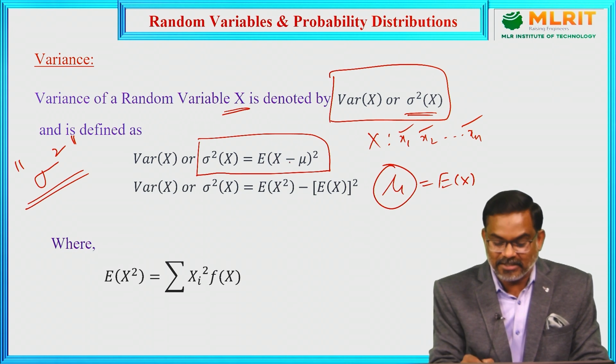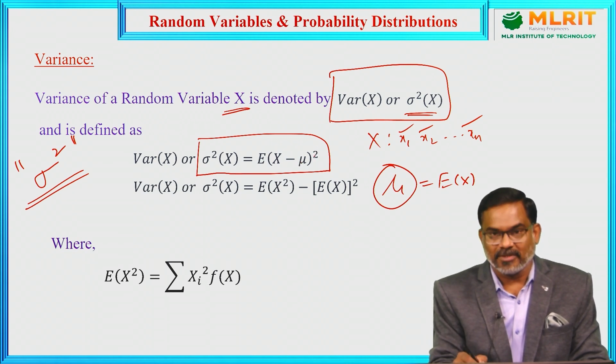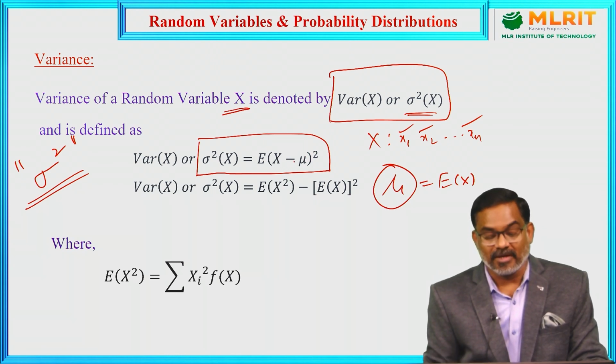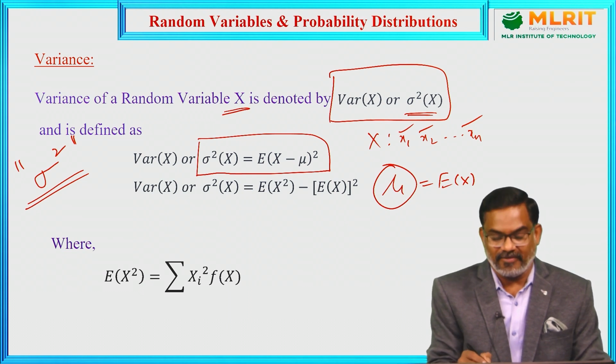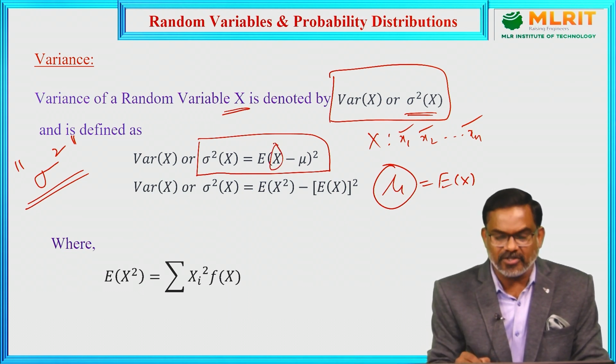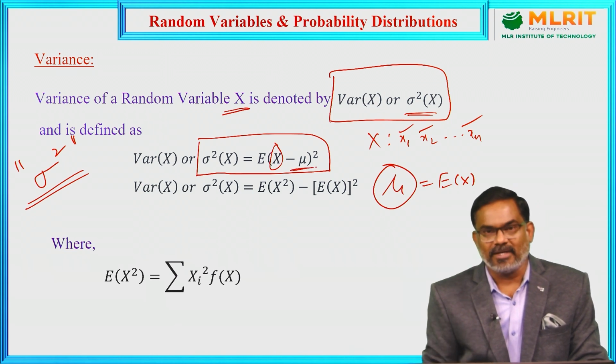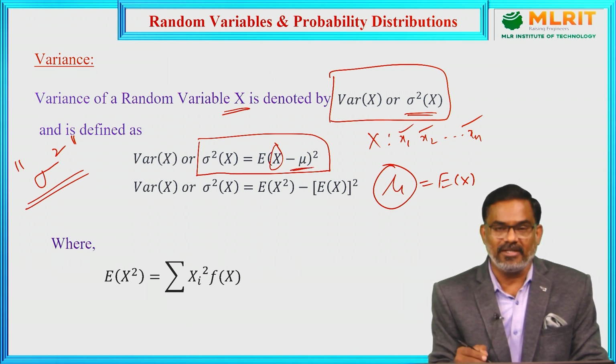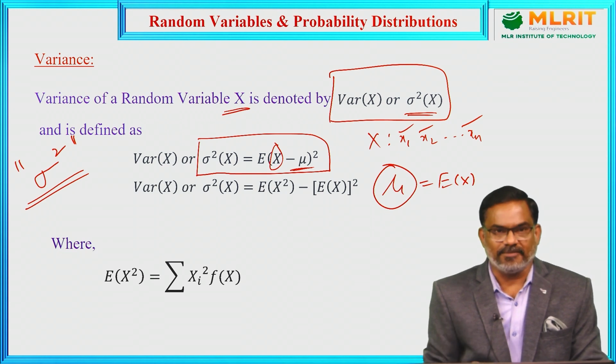So capital X minus mu, square such values and take the sum. So sum of the squares of deviations. Variance characterizes the variability of the values about the mean. From each individual value we are subtracting mu. It characterizes the variability of the values about its mean.